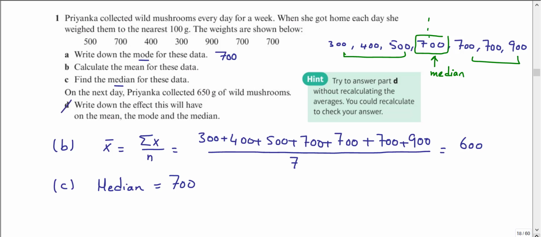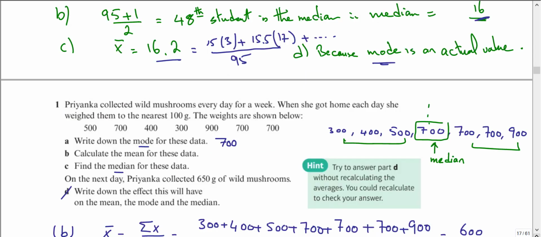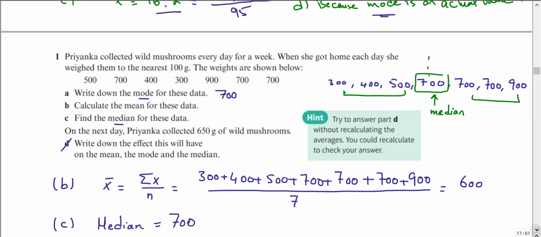Can you do part D? Yes, you will do part D. Here in part D, you have to say, after adding this data, what will happen to the mean, the mode, and the median? Would they increase or decrease? For example, for the mean, what will happen? Increase.